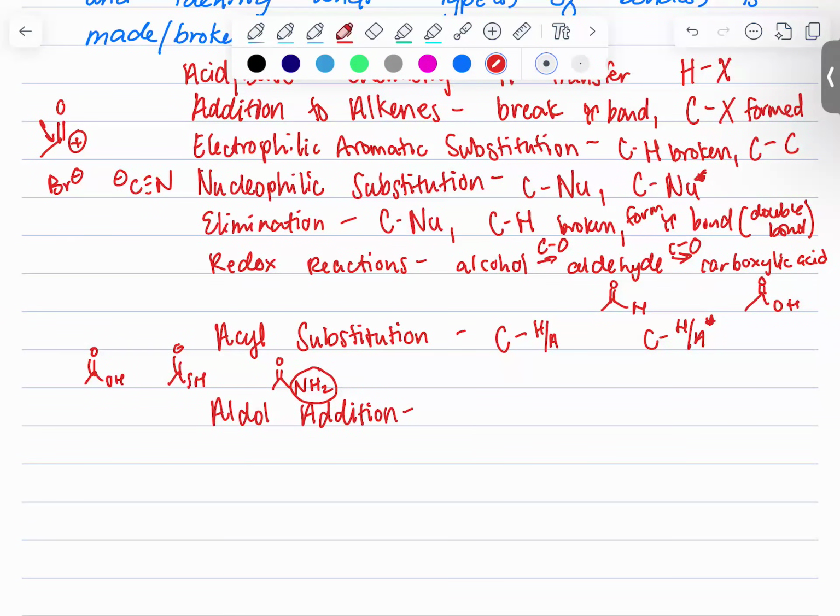What kind of bond do we make in an aldol addition? Who participates in an aldol addition? What is our starting material versus our product? A base is part of our catalyst, but what is it catalyzing? Yeah, 2 ketones.